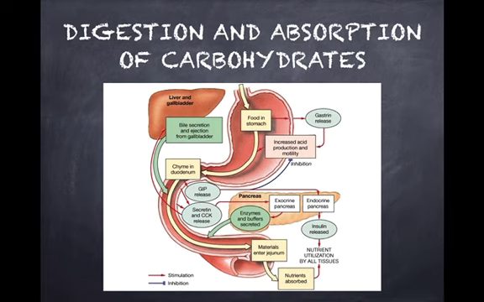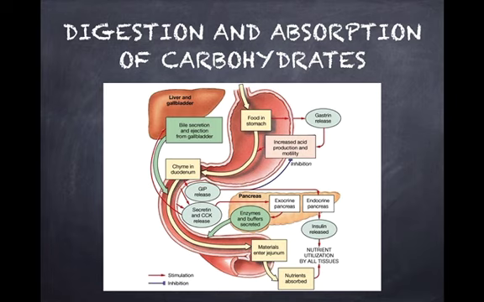So the first thing that happens is we eat a food that's laden with carbohydrates. It begins to be digested in our mouth, goes down our throat or esophagus, and goes into our stomach. Once it's in the stomach, our stomach acids dissolve it. Then it begins to move through our intestines and gets broken down more.